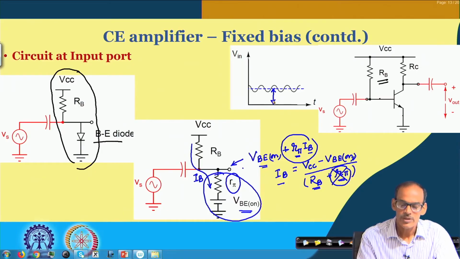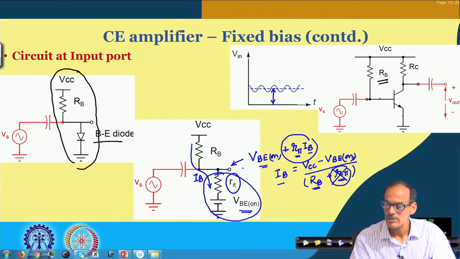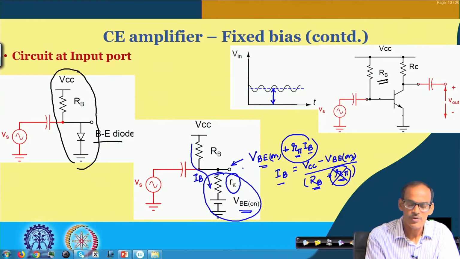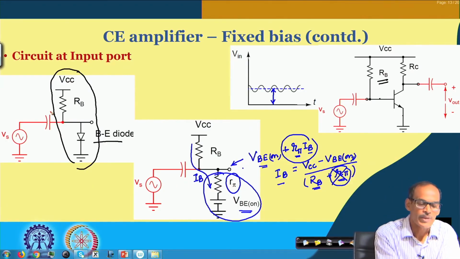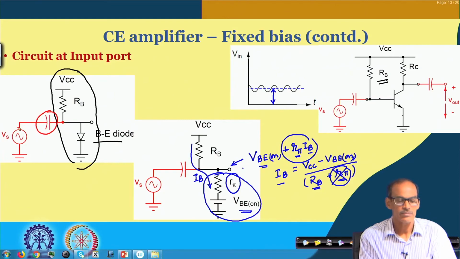So, once we have the DC voltage obtained there, the next thing is that the capacitor is helping the signal to feed in. So, we have this coupling capacitor, signal coupling capacitor, which comes from the original circuit.